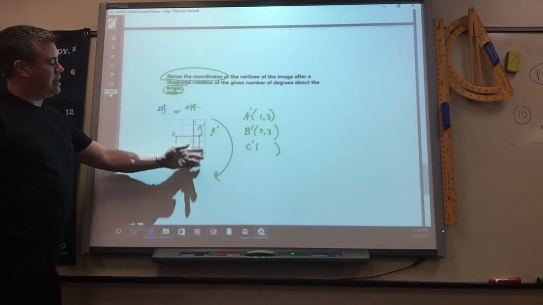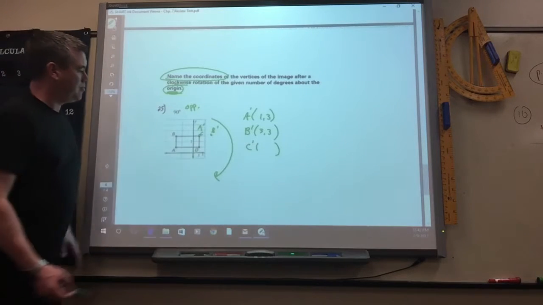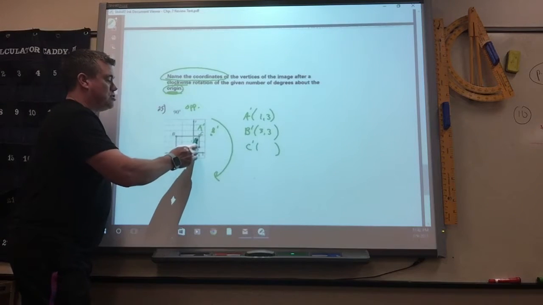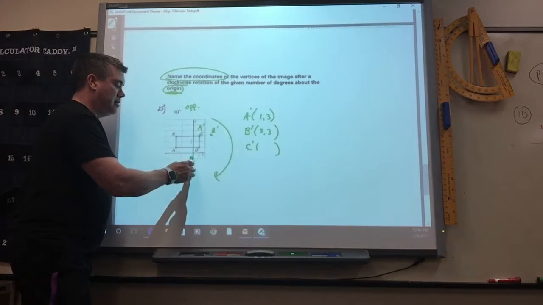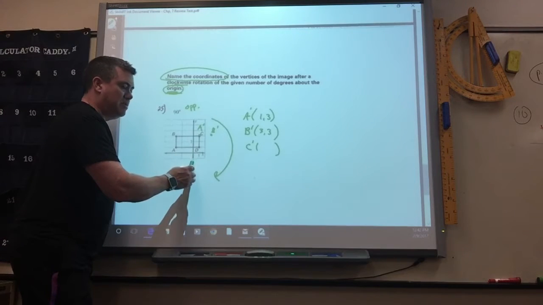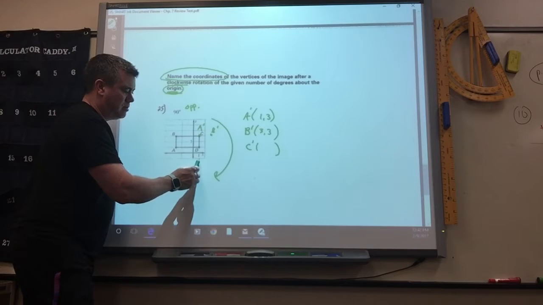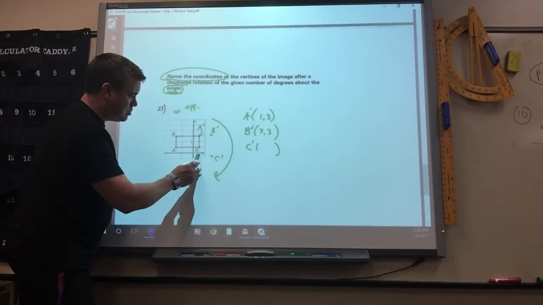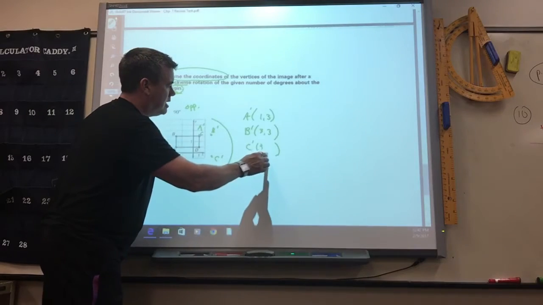Now C and D are going to end up down in this quadrant. So C is over 1, down 3. So the opposite of over 1 would be down 1. And the opposite of down 3 would be over 3. So that is 1, 2, 3 over and down 1.